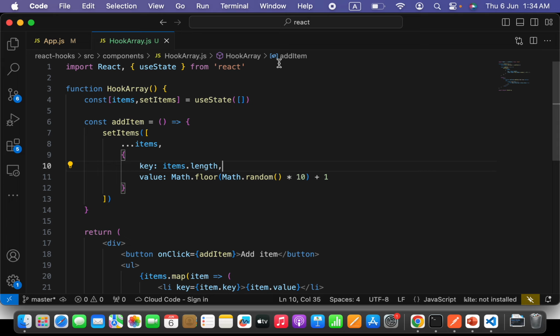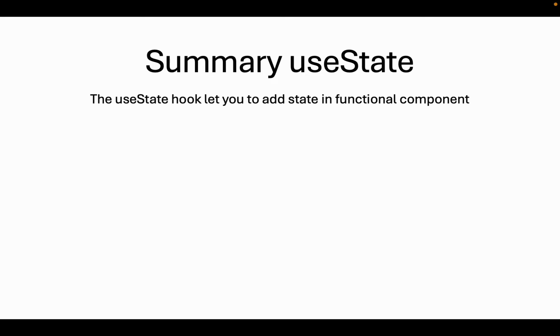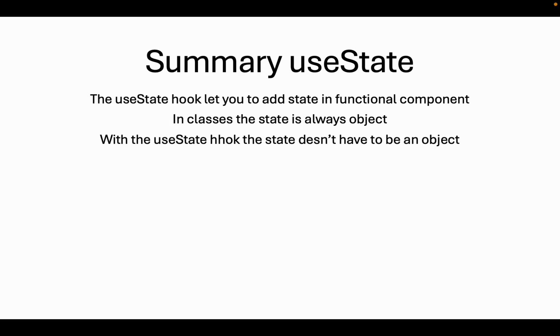So let me go ahead and summarize it for you. What we had learned in the useState hook is that the useState hook lets you add state in functional components. In case of classes, the state is always an object, but with the useState hook, the state doesn't have to be an object.